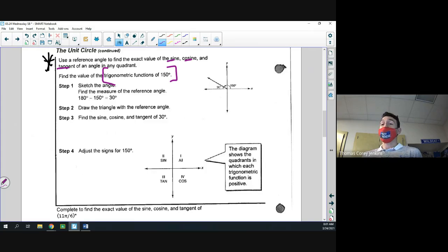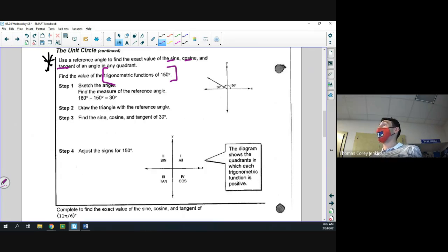And the calculator would give us the answer. But that's not necessarily the point of what we're doing. So the first thing we want to do is get the reference angle. Your reference angle, to be able to do any of this, needs to be 30, 60, or 45. Without that, you're going to go to your calculator.